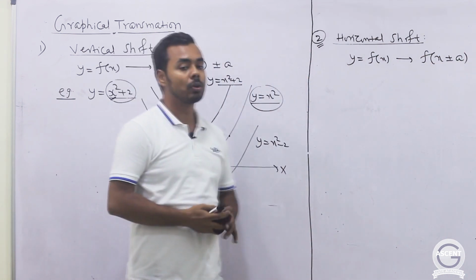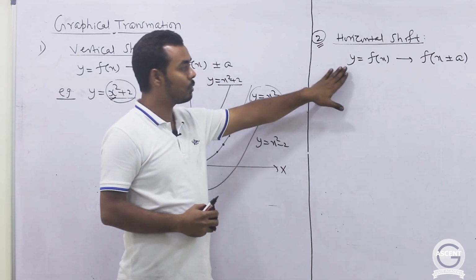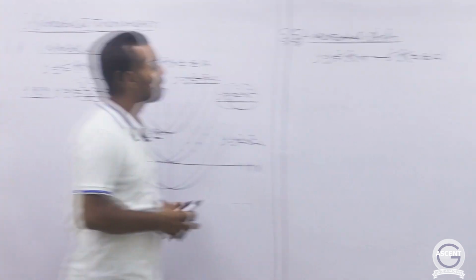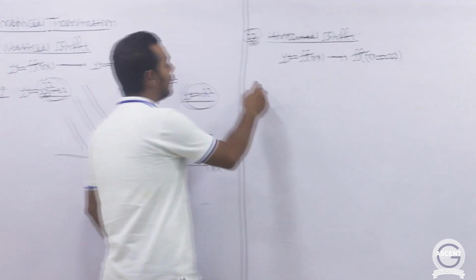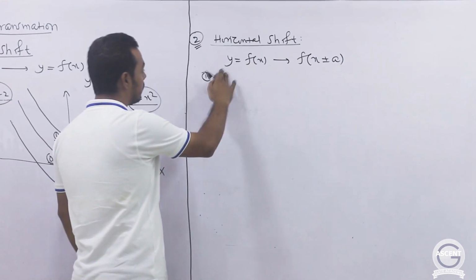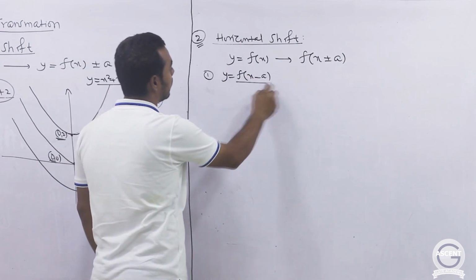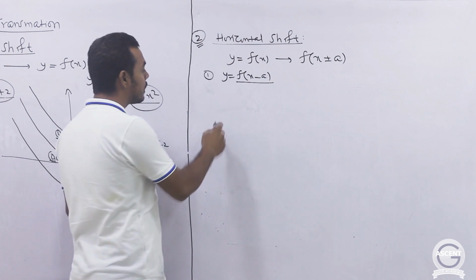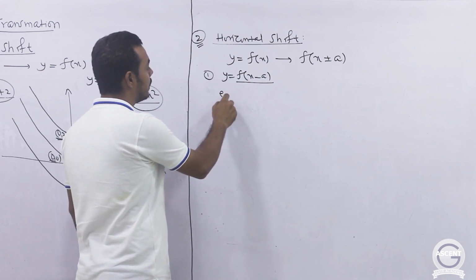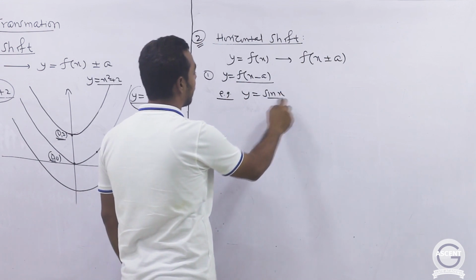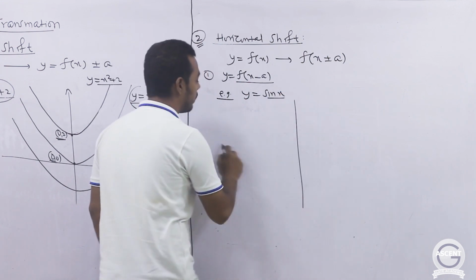If we have to draw the graph of this function f of x plus or minus a, then there are two possibilities. One, suppose we have to draw the graph of this function y equals f of x minus a. Suppose we can take some examples here. Suppose we know the graph of this function y equals sine x. This was our graph of y equals sine x.